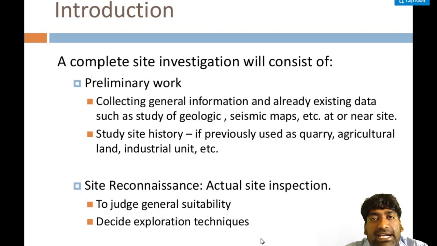A complete site investigation will consist of preliminary work, collecting general information and already existing data such as study of the geologic and seismic maps at or near the site, study of site history, if previously used as a quarry, agricultural land, industrial unit, etc., and site reconnaissance, actual site inspection to judge general suitability and decide exploration techniques.